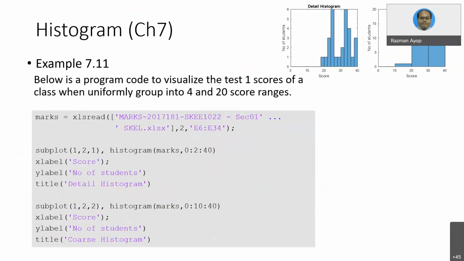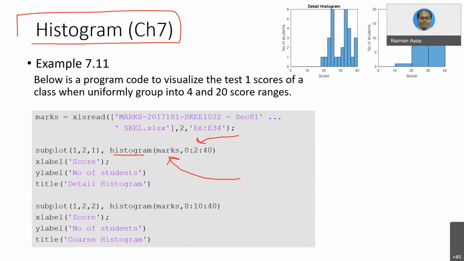And also you need to know how to use histogram. If you have some data, how to do it is you put that data here. Histogram, open bracket, put the data, and you have to show how to divide the data. So basically this one is from 0 to 2, 2 to 4, 6 to 8 until 40.